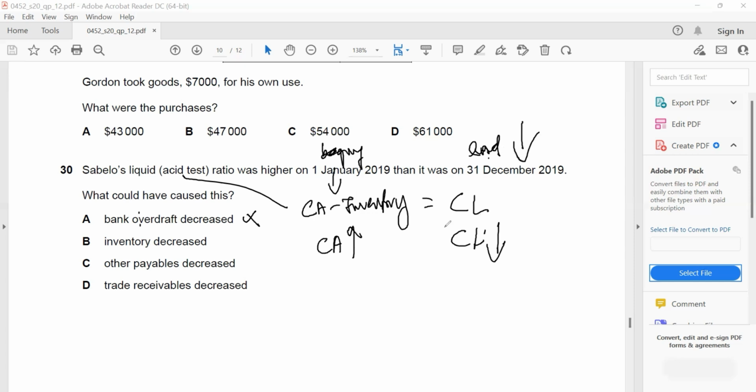Inventory decrease: this is not related because inventory is not included. Other payable decrease: there will be the same impact because both are current liability, so this cannot be. Trade receivable decrease: when trade receivable decreases, the current asset decreases, causing the end of the year ratio to decrease. So the answer should be D.